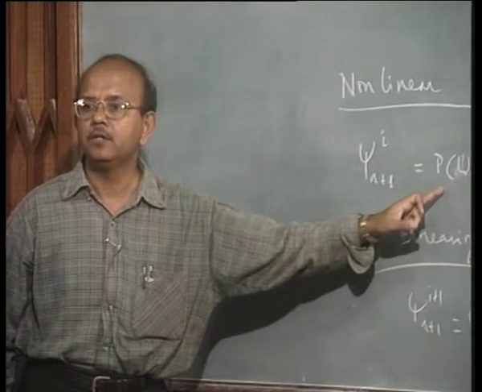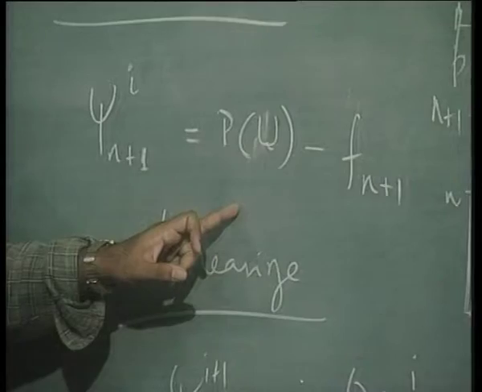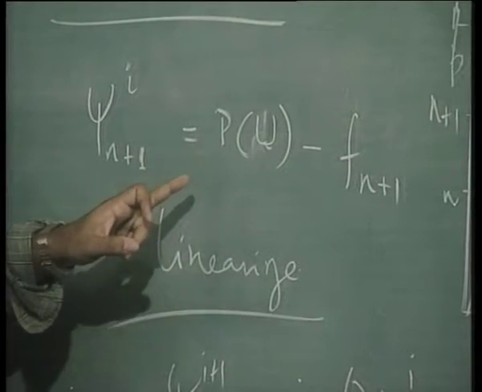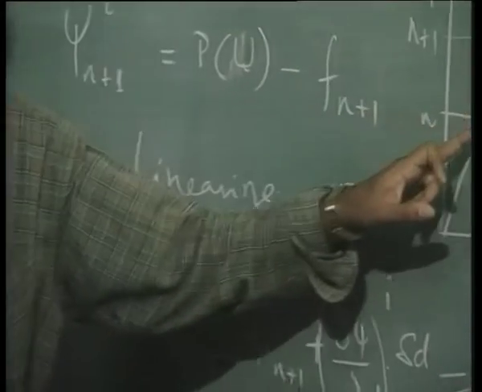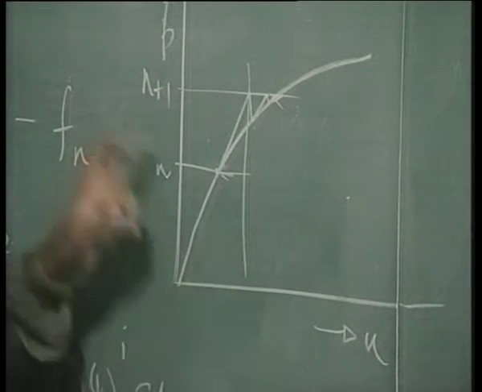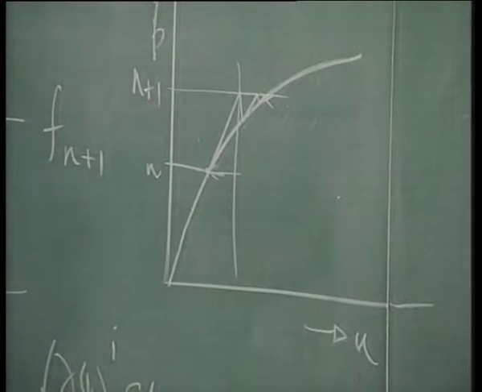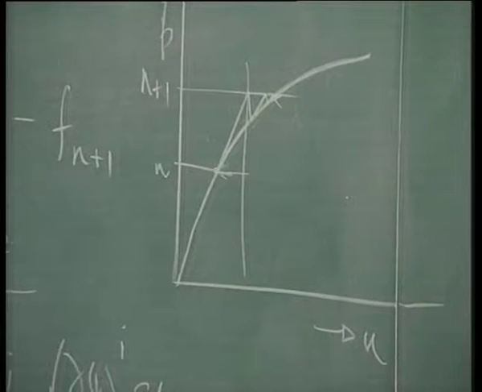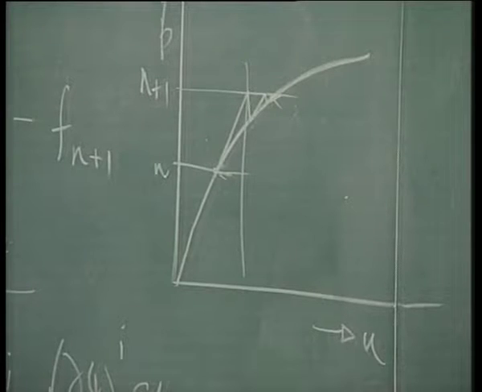It is simply dou p by dou d. What is dou p by dou d? At I, it is nothing but the slope. P versus d, dou p by dou d is nothing but the slope. Is it clear? Okay.